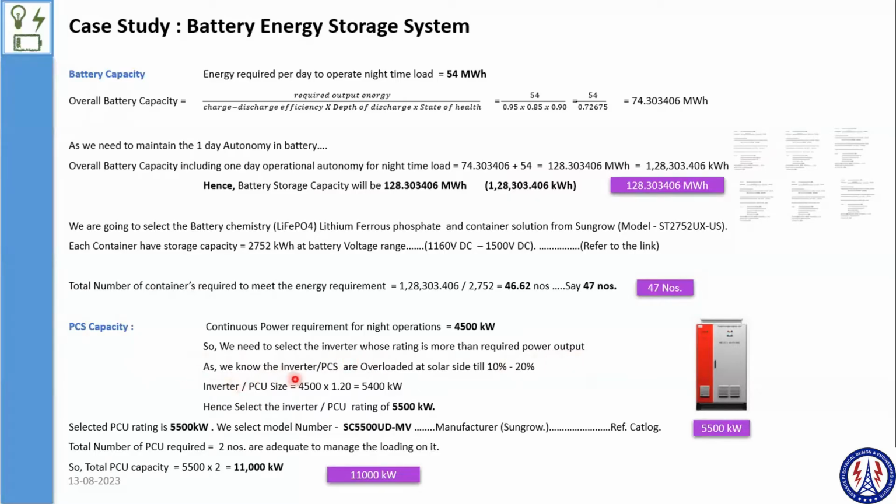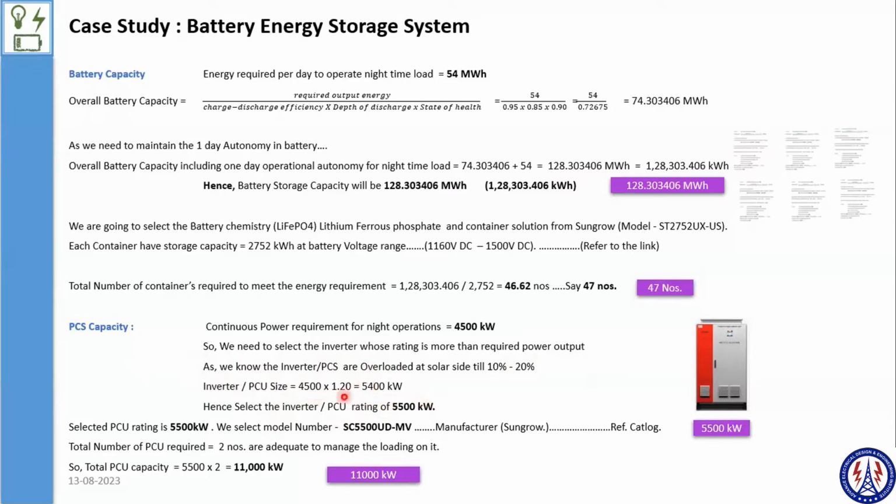The PCS should not get overloaded, let's say 80-90%, right? So PCS size is 4500 multiplied by 1.20, right?